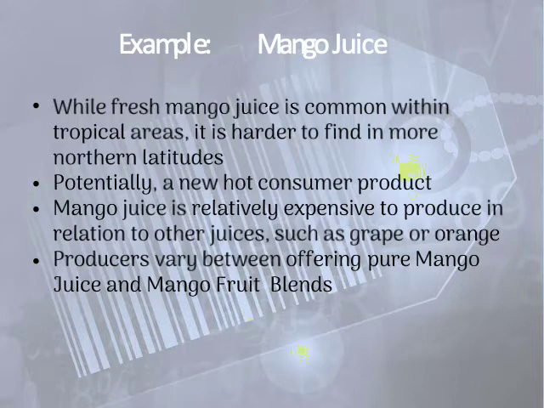Now, say for example, you are offering a 32-ounce container of mango juice. The producer or you can either offer pure mango juice or a mango fruit blend. So again, pwede ka mo offer og pure mango juice. Of course, in a much complicated way tungod kay again, pure mango juice can be expensive to produce, travel, and distribute in places wherein walay mango tree, no?